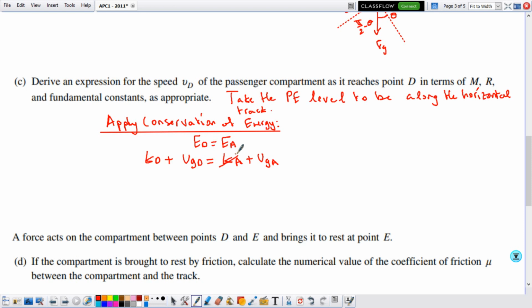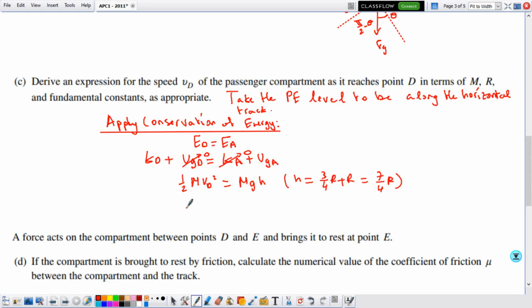Now that would be 0 because we're starting from rest, and that would be 0 because we have chosen the PE level to be along the horizontal track, and we have half capital M Vd squared. We need to use capital M and not small m. That would be mgh, and between brackets let me write h is 3 over 4 r plus capital R, which is basically 7 over 4 r.